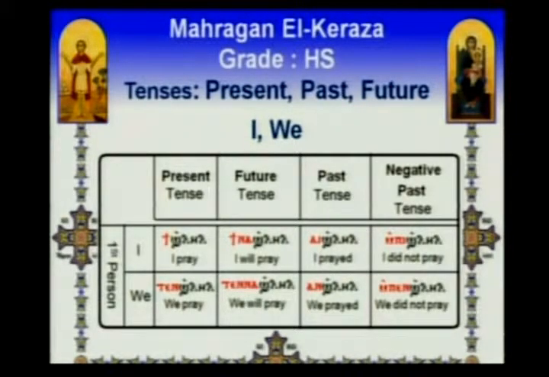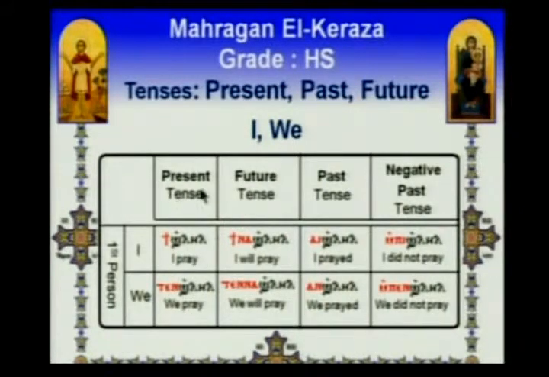And also as a separate column, we have the negative past tense. So the present tense, future tense, and past tense, and the negative for past. And why do we have this column for negative past? Because there is no simple rule of saying the negative past, not like the present and future.